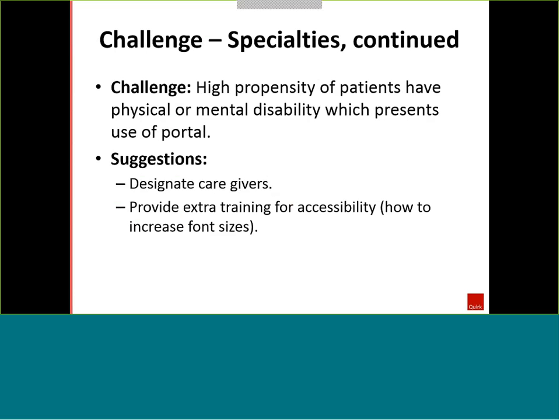And then sometimes there can be hardware to provide those patients with that they can benefit from, or sometimes they might need some type of document with a bigger font size. That can help. So it is case by case, specialty by specialty. But if you have challenges like that, a lot of times you can overcome those, but that would be on an individual basis.